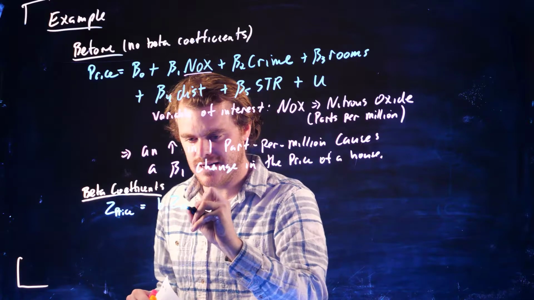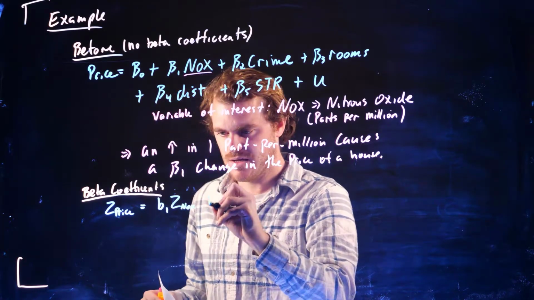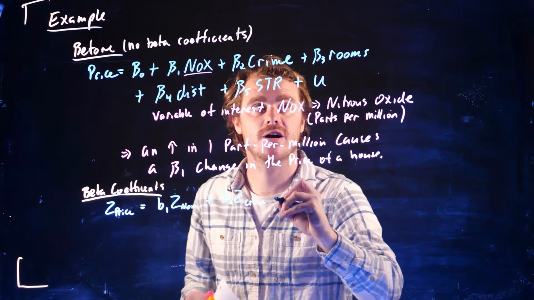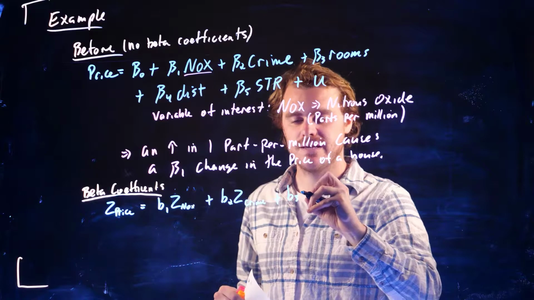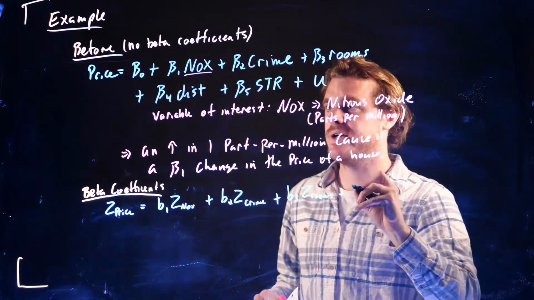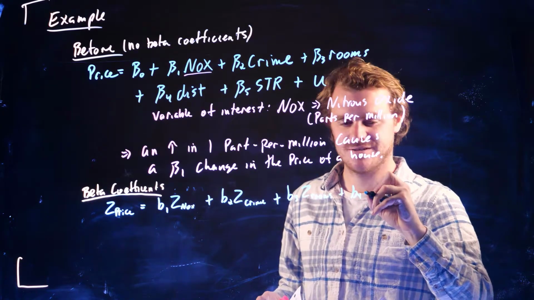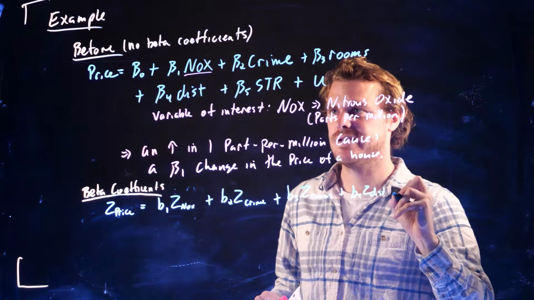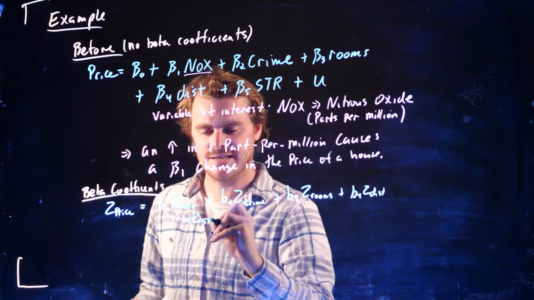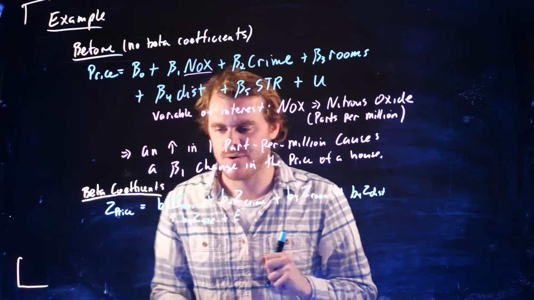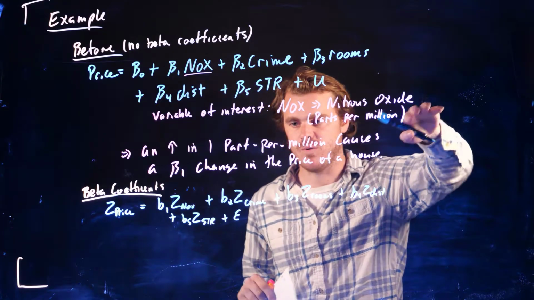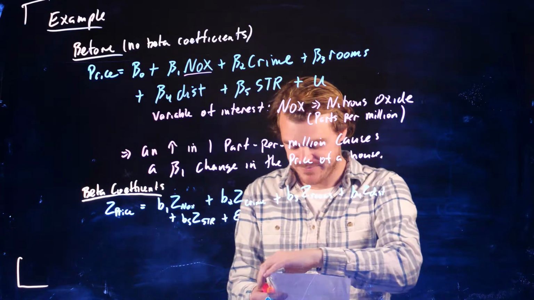Z nitrous oxide plus B2 Z crime, if we standardize the crime variable too, plus B3 Z rooms plus B4 Z distance, and so on and so forth, plus B5 Z STR, and then we just have some new error term here. And again, let's say the variable we're interested in is this nitrous oxide.